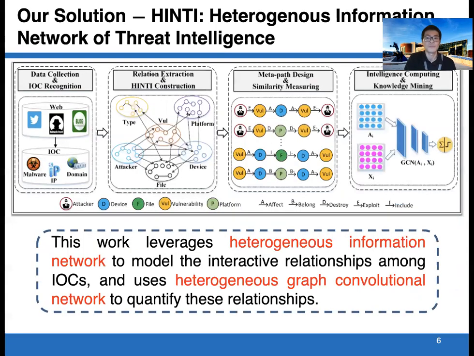Here, we provide our solution. Our solution is called HINTI, Heterogeneous Information Network of Threat Intelligence. HINTI is proposed to model and analyze CTIs. Specifically, HINTI implements a multi-granular attention-based IOC recognition to boost the accuracy of IOC extraction.